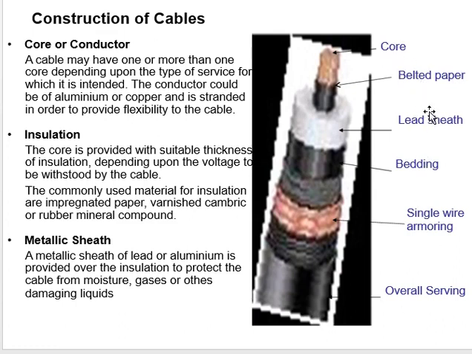What these types are, we are going to discuss in these lectures. Now, the core or conductor is manufactured from copper or aluminum. These two types of material are used for manufacturing the core.